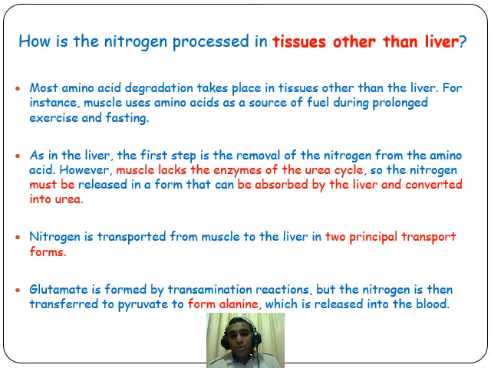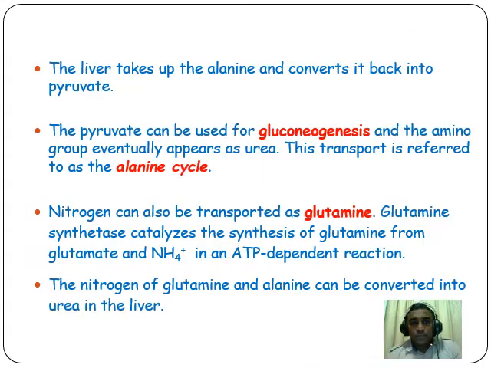For that purpose, there are two principal transport forms of amino acid, just for transporting the excess ammonium generated to be brought to the liver. One is alanine, while the other is glutamine. So here, further referred to, is where the alanine cycle as well as glutamine are useful.